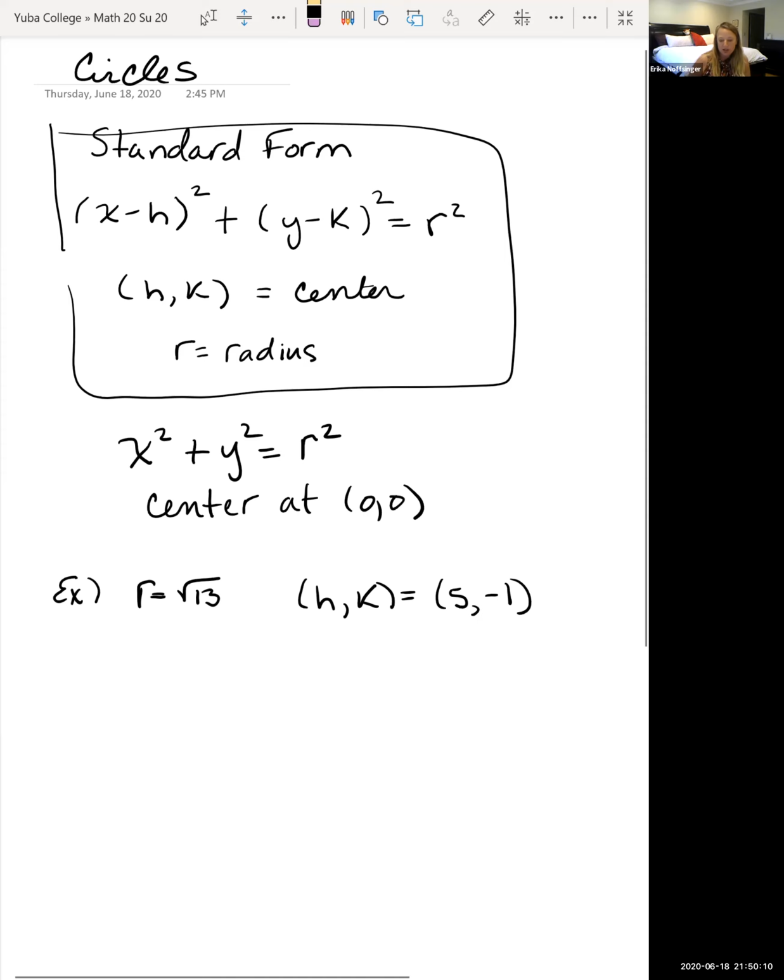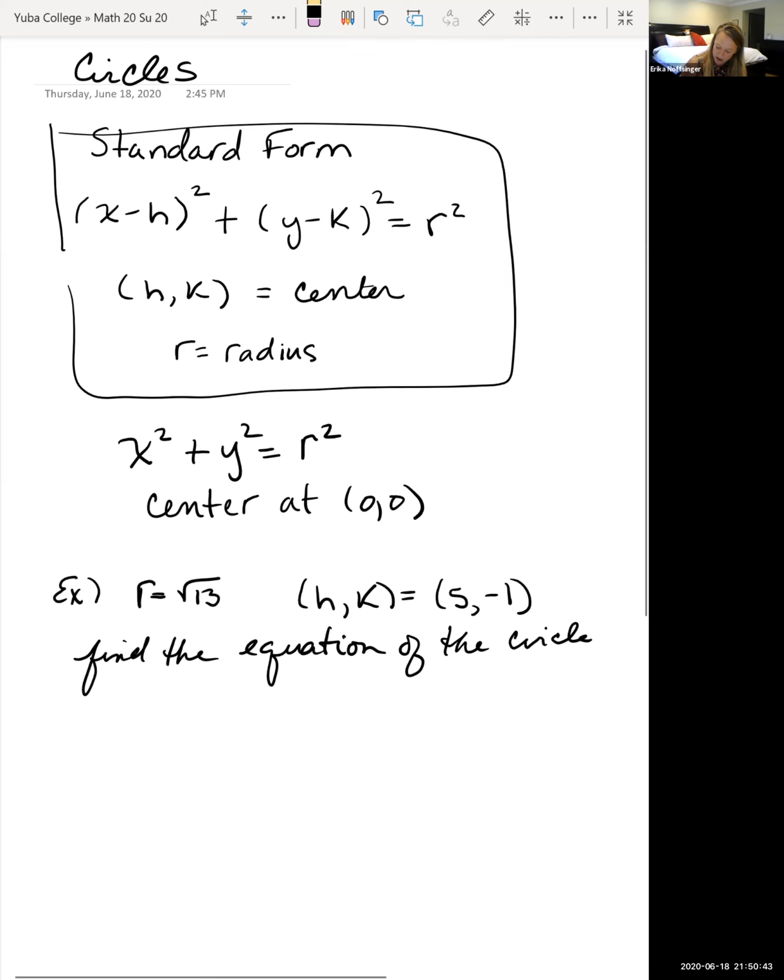So given information about a circle, you should be able to find the equation. So if it's labeled differently, that the center was 5, negative 1, we know that that point h, k is also considered 5 and negative 1.